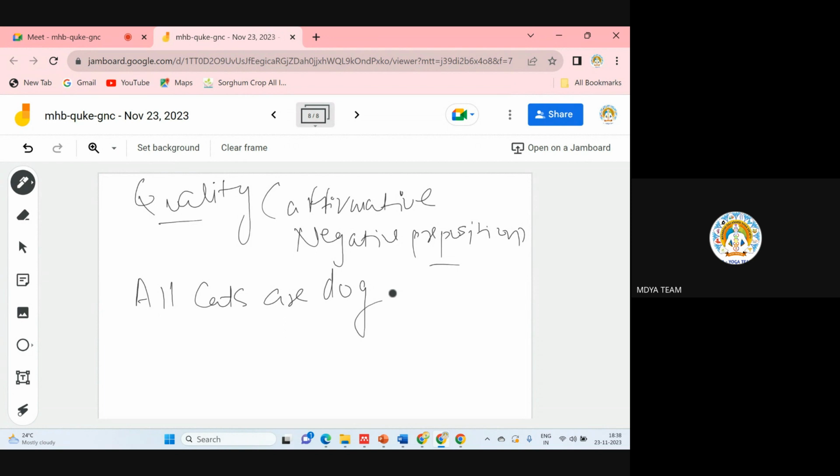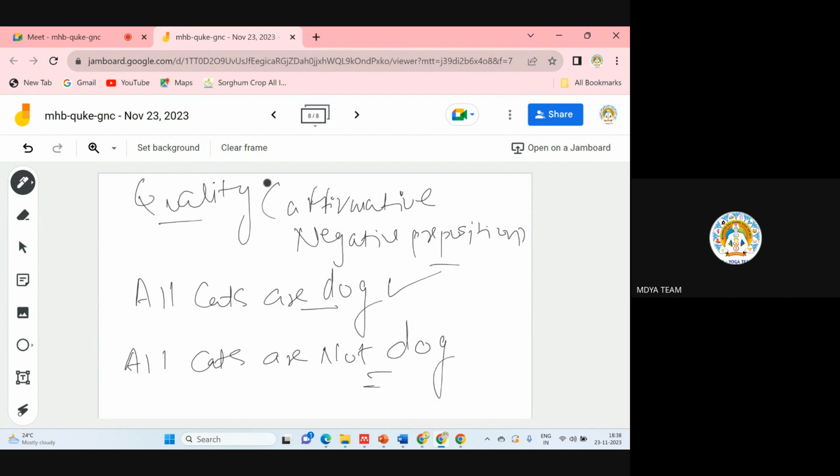This property talks about whether the subject is the predicate or not. So all cats are dogs can be one statement, and all cats are not dogs.